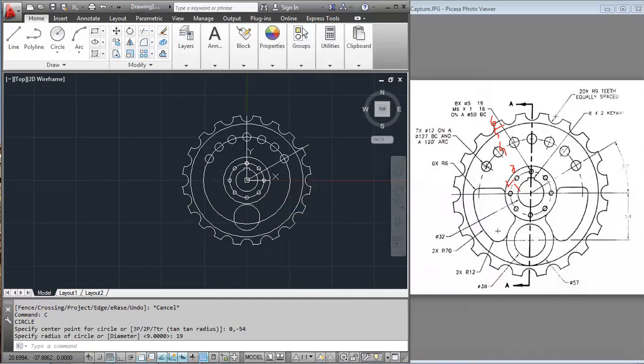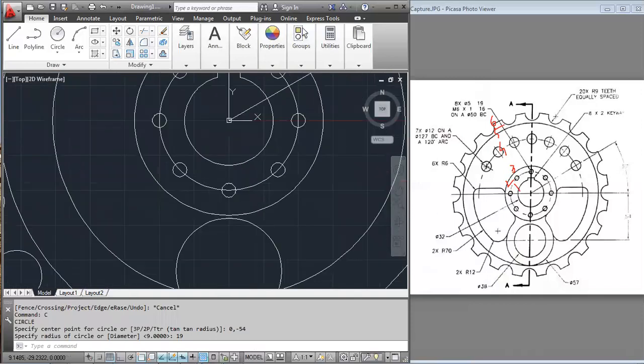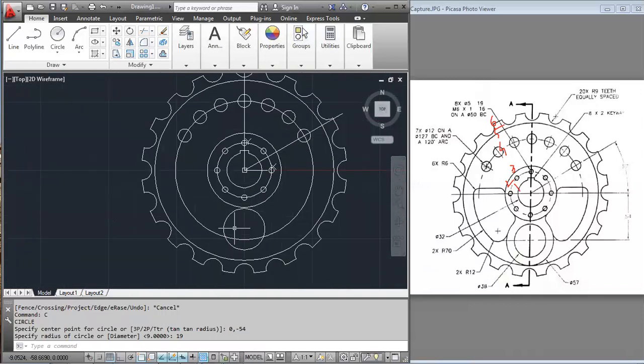Now the second one. Alright, it seems it was not to be this long. Anyway, I have drawn it. So let that be the second one.